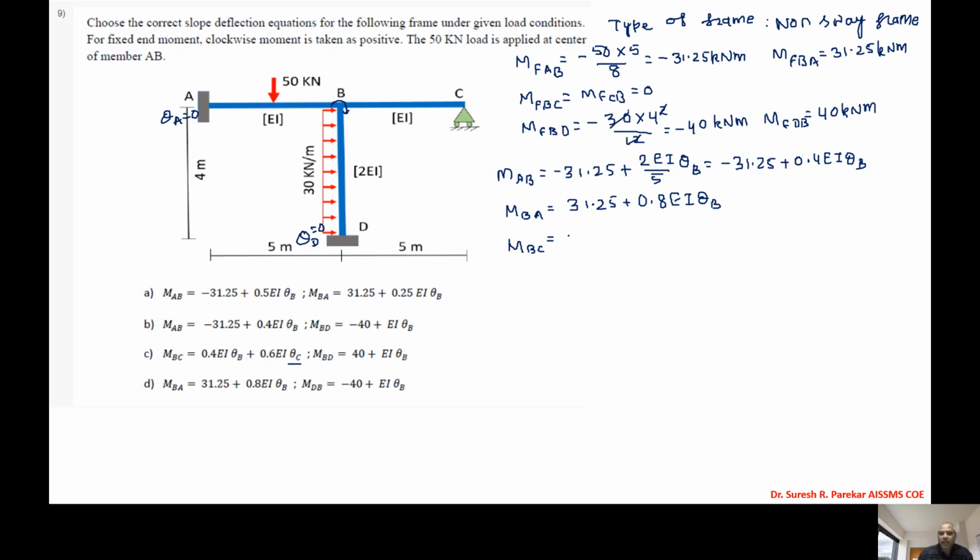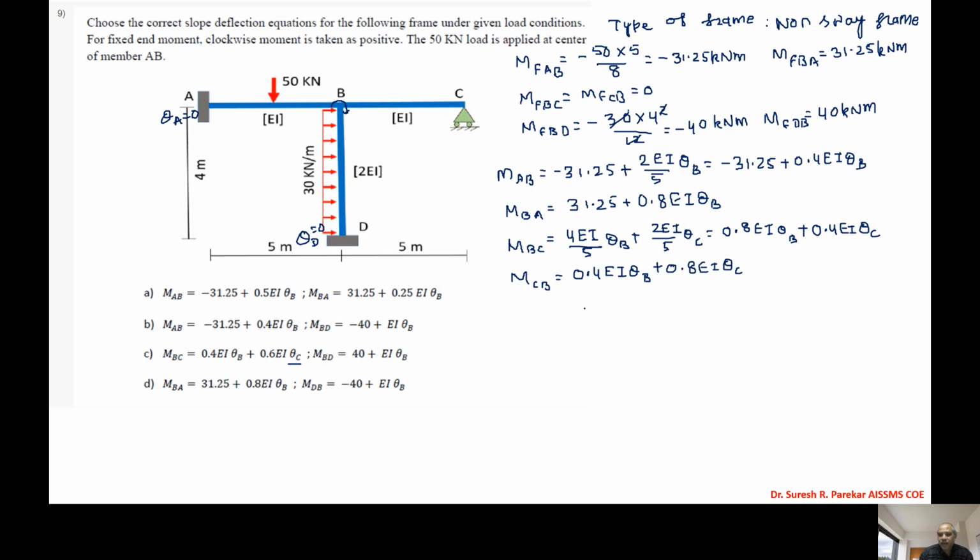So MBC is 0 plus 4 EI upon L, with L as 5, theta B plus 2 EI upon L theta C, and we get 0.8 EI theta B plus 0.4 EI theta C. For MCB we have exactly the opposite coefficients, 0.4 EI theta B plus 0.8 EI theta C.